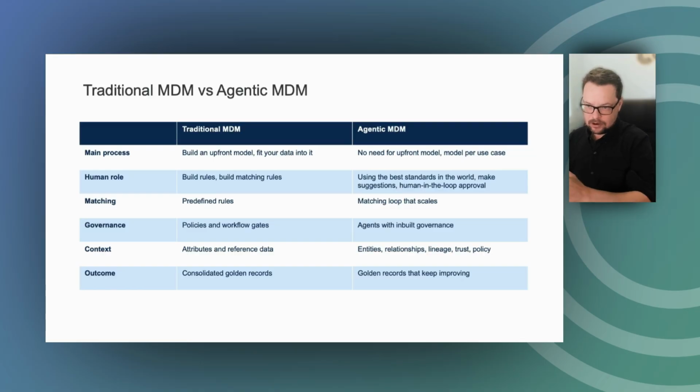An agentic approach is much more loop focused. It's the matching loop that scales. It's saying that yes, matching rules, deterministic, will get you a big chunk of possible matches, and they're the kind of low-hanging fruit. Great.